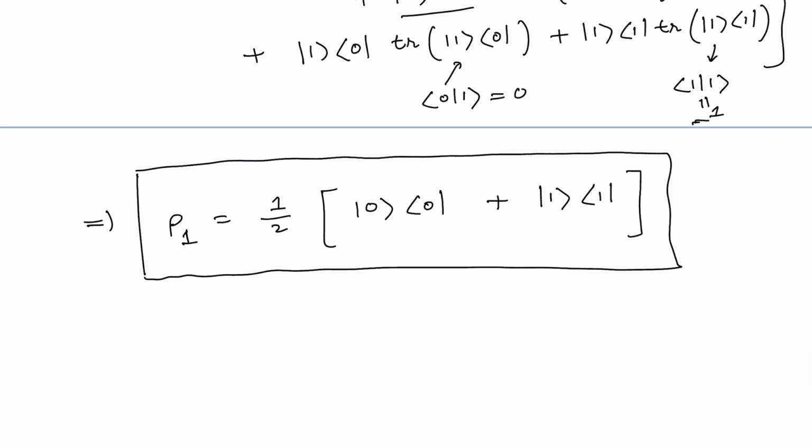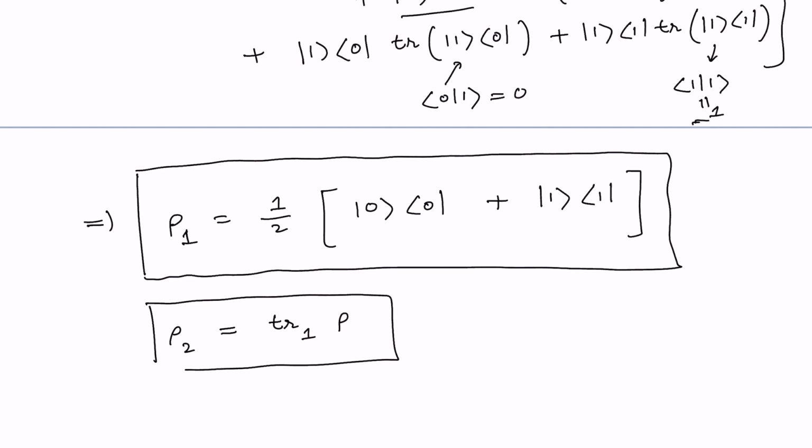Similarly, if you are interested in working on the second qubit only, then you have to trace out the first qubit, by taking the trace operation over the first qubit system. If you do that, you can check that you get the same answer, 1 half, ket 0 bra 0 plus ket 1 bra 1.